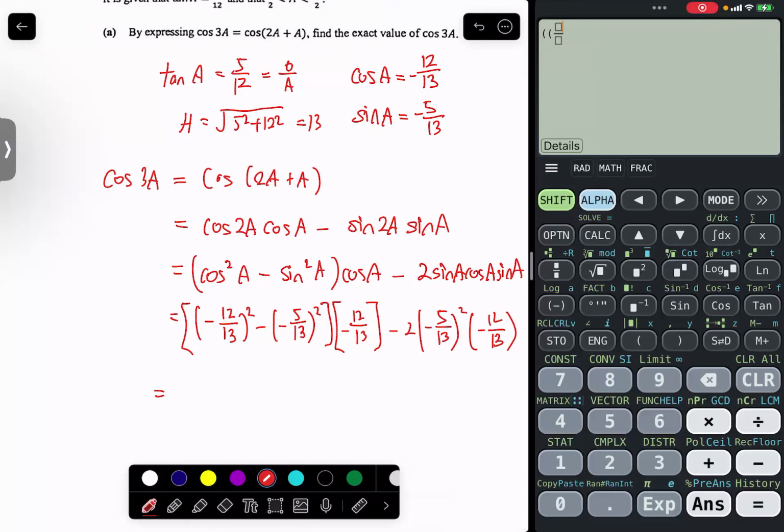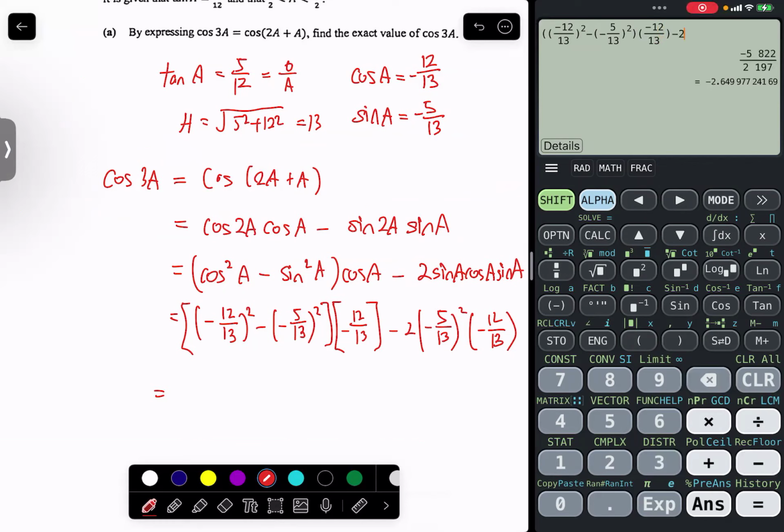Negative 12 over 13 squared, minus negative 5 over 13 squared, equals, multiplied by negative 12 over 13, right?